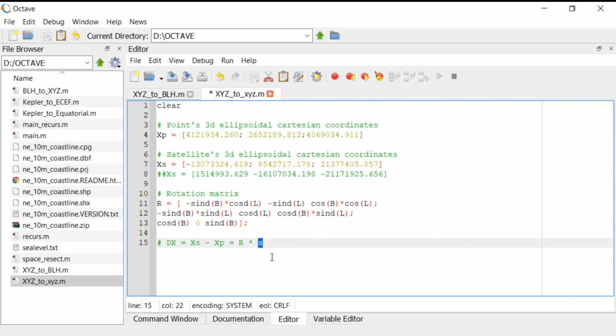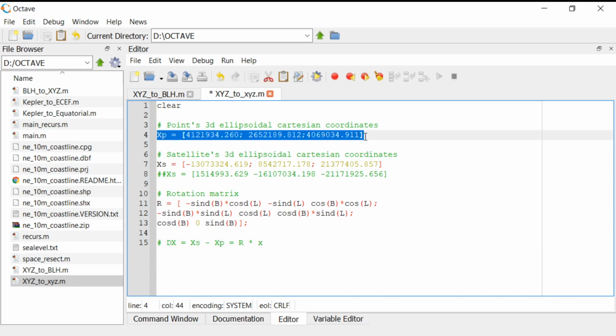But before proceeding, I need to get the ellipsoidal or geographical coordinates of my standing point. My point is given by these three Cartesian coordinates, and I need to convert them to the ellipsoidal geographical coordinates, namely the latitude, longitude, and the ellipsoidal height.